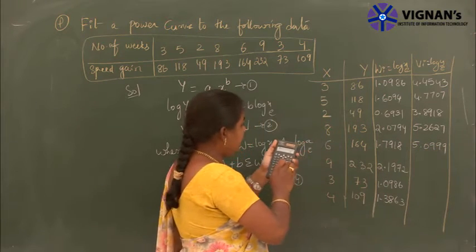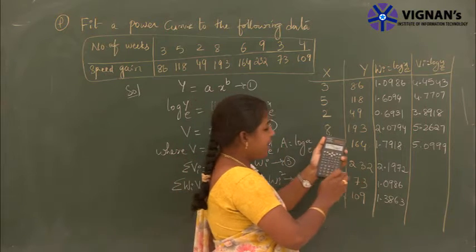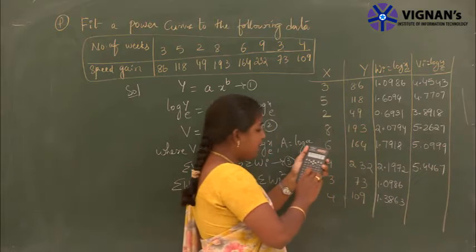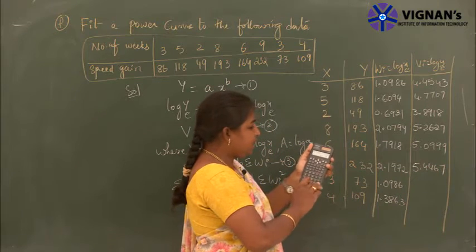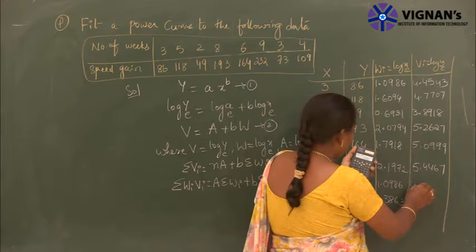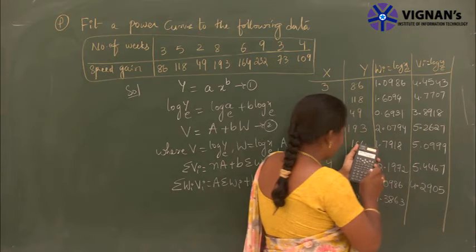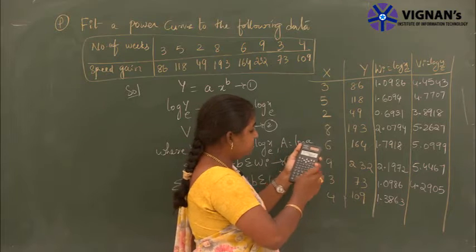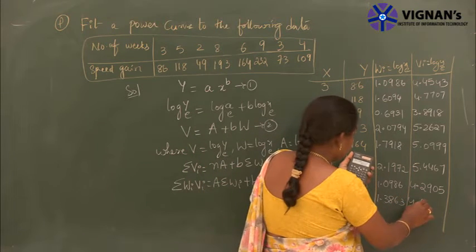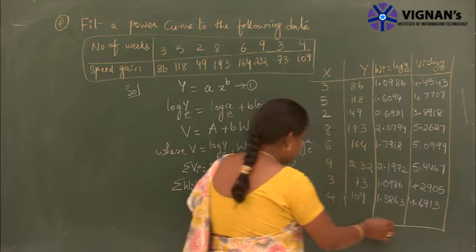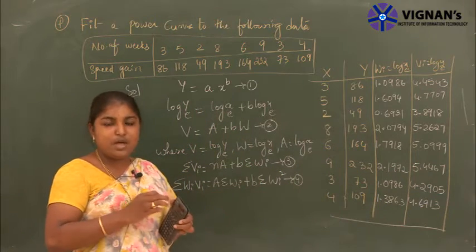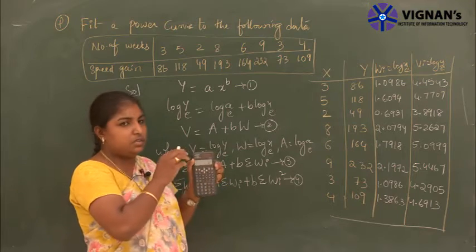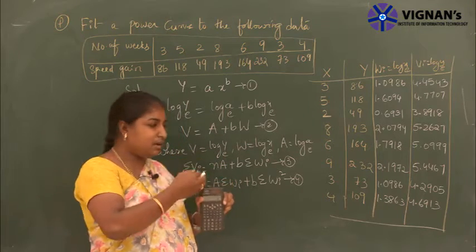Next ln 232, that value is 5.4467. ln 73, that value equals 4.2905. Next ln 109, that value is equal to 4.6913.